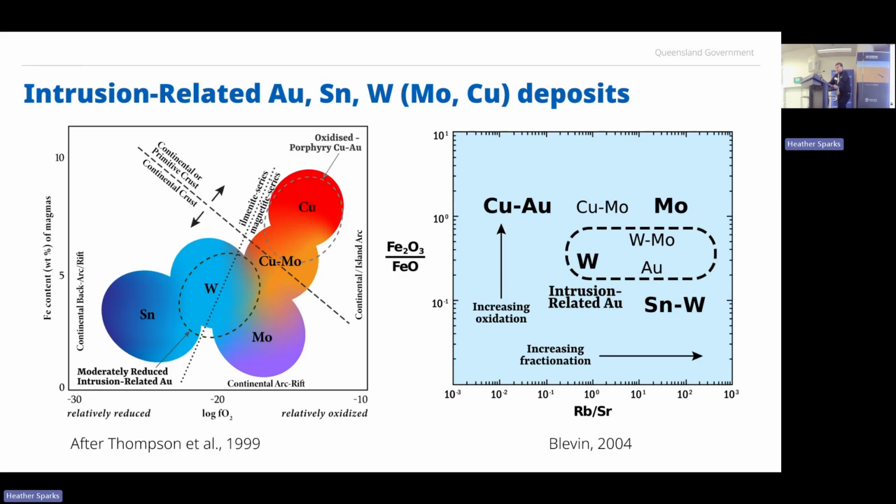One of them, on the left, is the diagram describing all the families of intrusion-related, granite-related deposits in the seminal papers of Thompson et al., Professor Lang, and Baker.